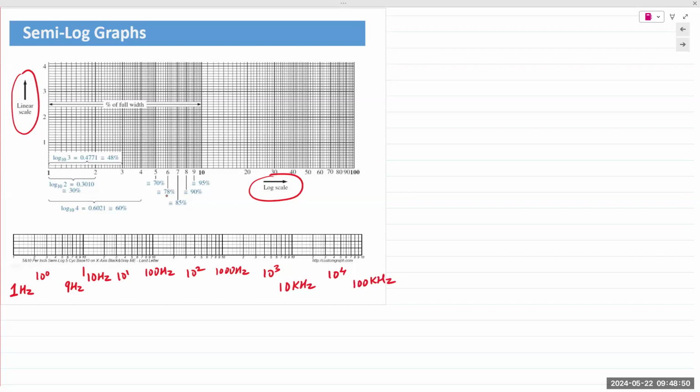You can have 100,000 data points in one small chart, which is virtually impossible in a linear scale. So you're compressing by using the log of your data. Does that make sense? Let's take a pause. Let me know if you have any questions.